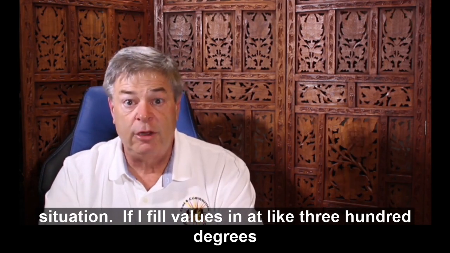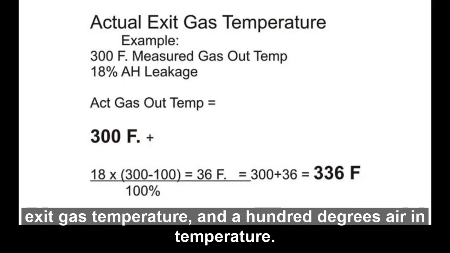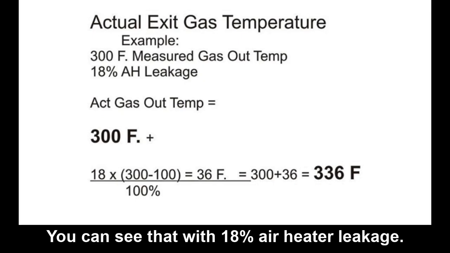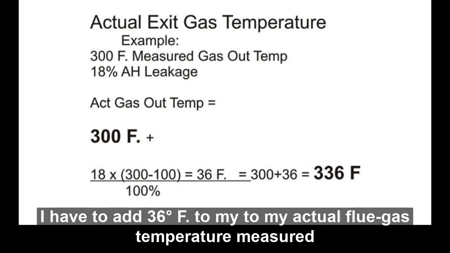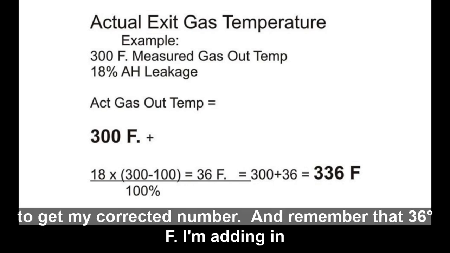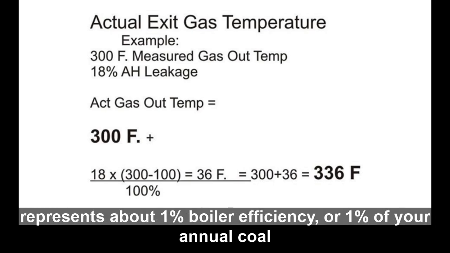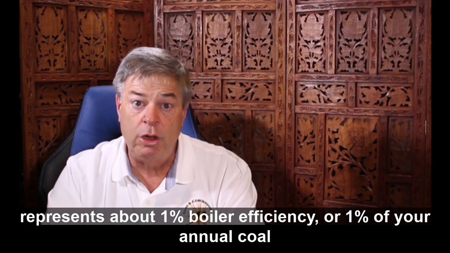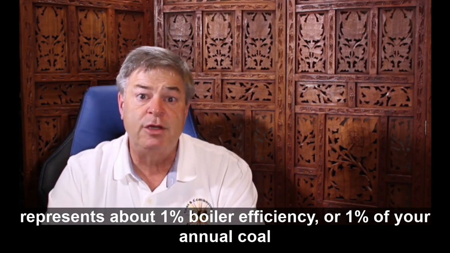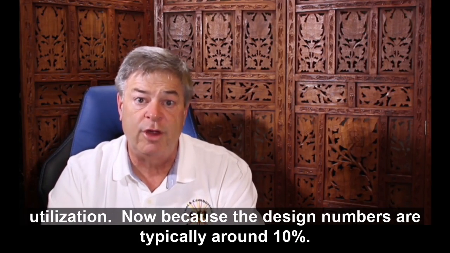If I fill values in at like 300 degrees exit gas temperature and 100 degrees air in temperature, you can see that with 18% air heater leakage, I have to add 36 degrees to my measured flue gas temperature to get my corrected number. And remember, that 36 degrees I'm adding in represents about 1% boiler efficiency, or 1% of your annual coal utilization.